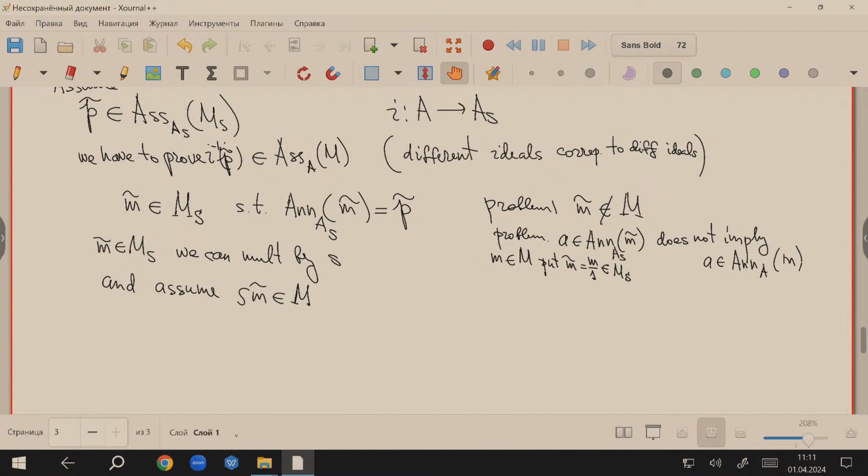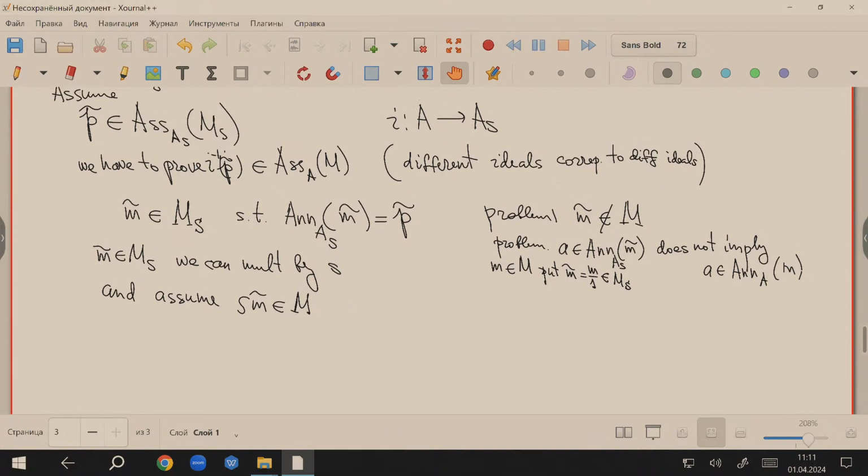And then you assume this and note that, since s is invertible, the annihilator is not changed in AS.